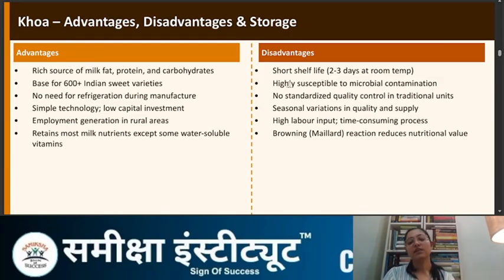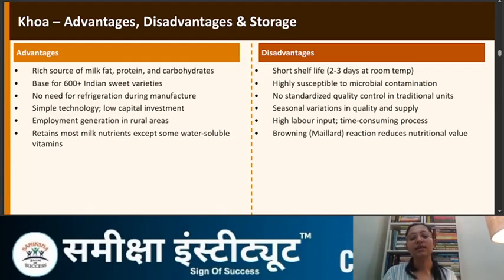Then still there are disadvantages as well. Short shelf stability. If we compare the shelf stability of whole milk with khoa, of course khoa will have better shelf stability, but not so if we compare it with that of dahi, fermented products, or cheese, because those will have better shelf stability as compared to khoa.